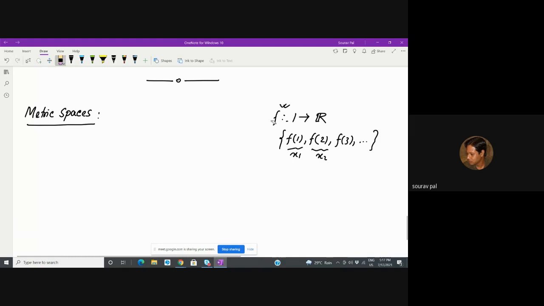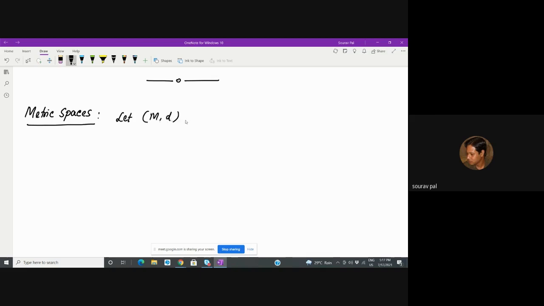So similarly, one can define a sequence in any metric space in a similar fashion, right? So let (M, D) be a metric space. Then a map F from the set of natural numbers to M is called a sequence.